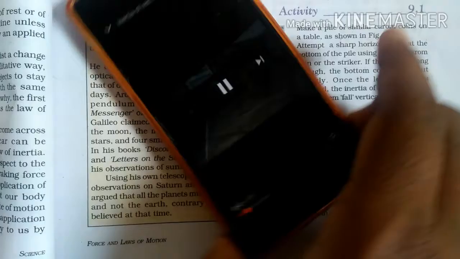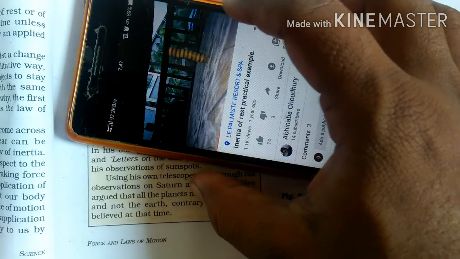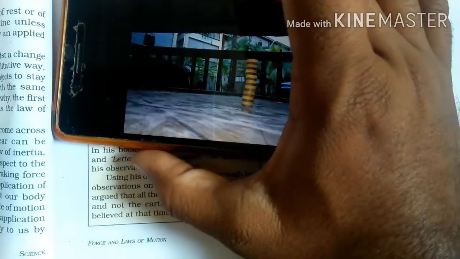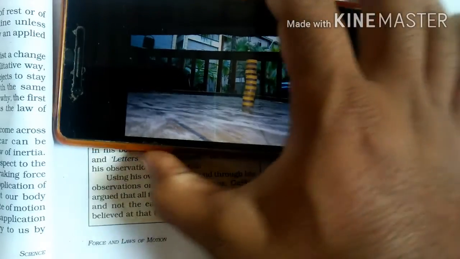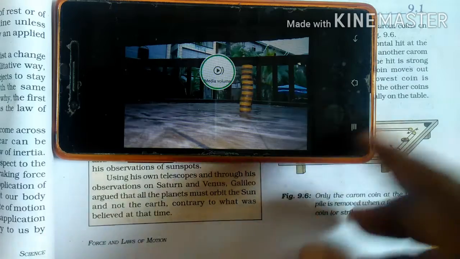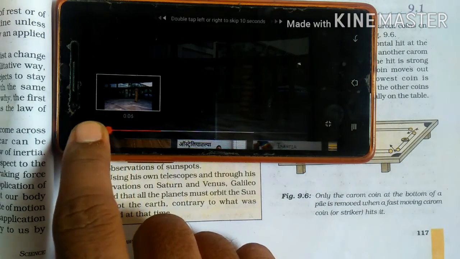See here, wait, I will add some clarity to that. I will start from the first.